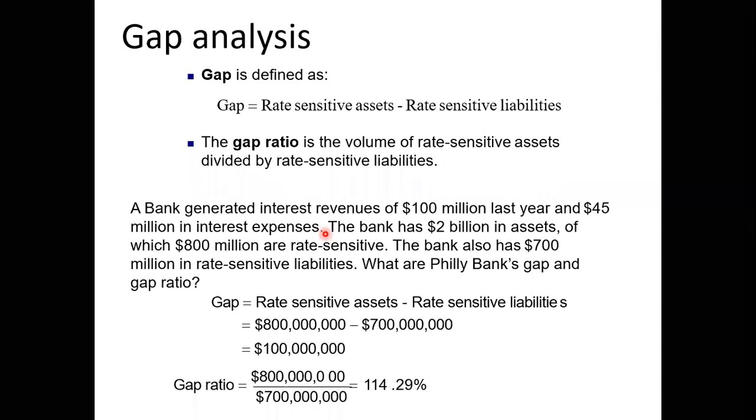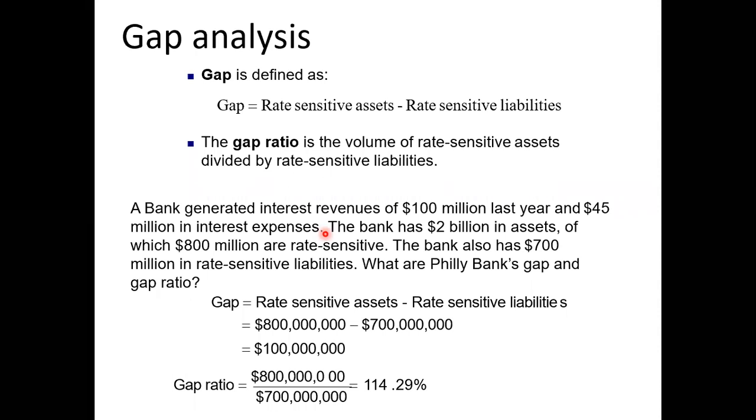The rest, 1.2 billion, are non-rate sensitive assets. Now we want the rate sensitive assets, especially short-term loans. And the bank also has 700 million in interest rate sensitive liabilities, especially short-term deposits.